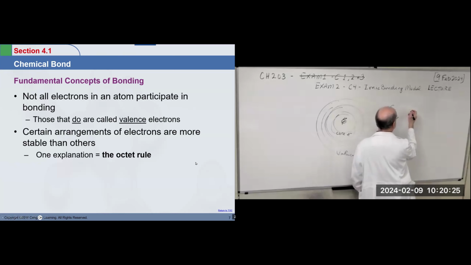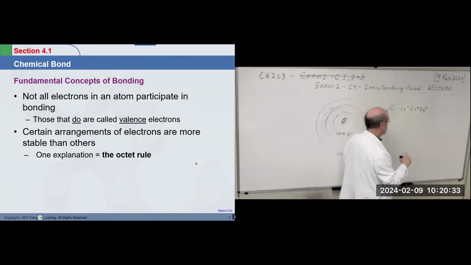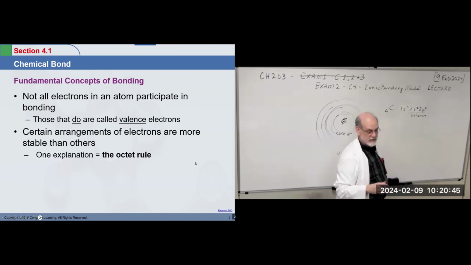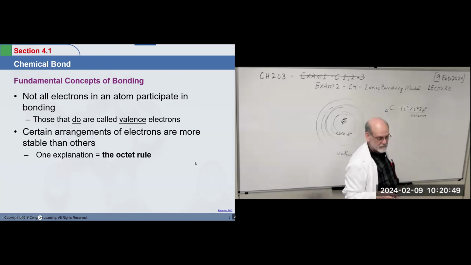And if we write its electronic configuration, we have 1s2, 2s2, and 2p2. These are the principal quantum numbers, and this is the highest energy level. These are the valence electrons, with the highest energy level. They're the ones that are involved in bonding.